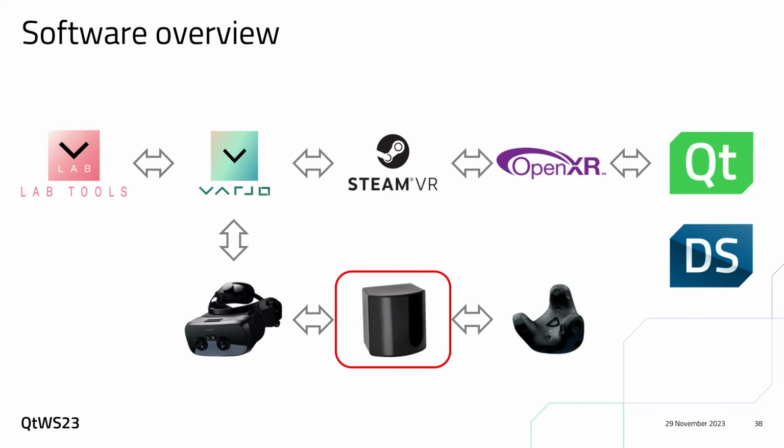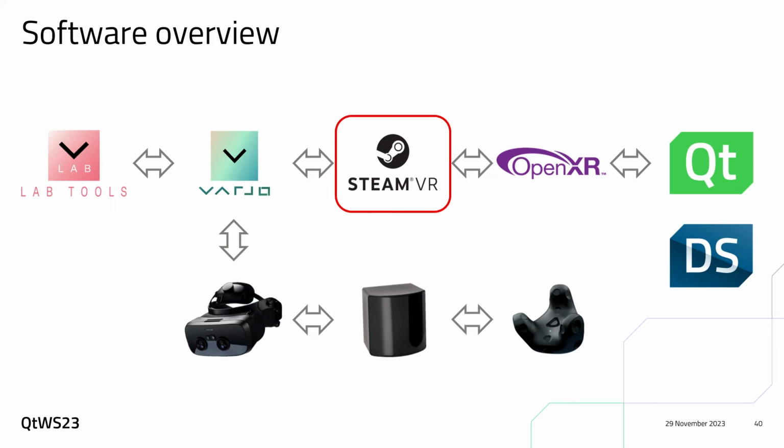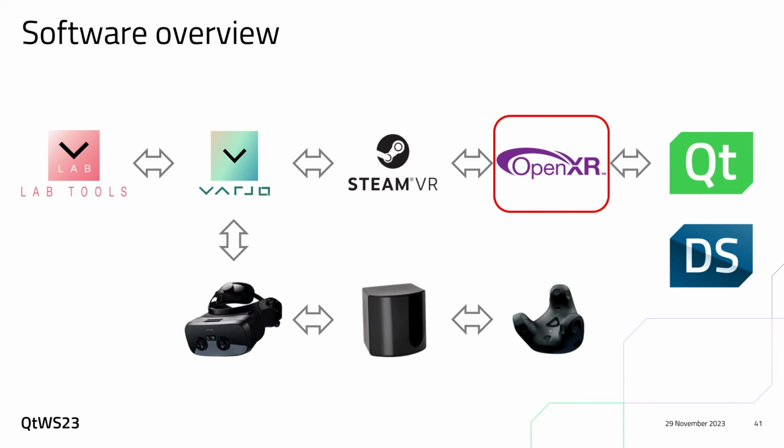Then the base stations are collecting data and calculating the position for both the tracker and the headset. And then all of this data is transmitted through the headset to the SteamVR runtime. And this is where the OpenXR standard comes into play. It provides the necessary API for accessing all of this data.